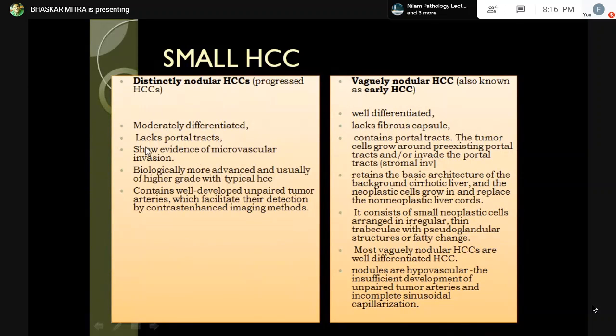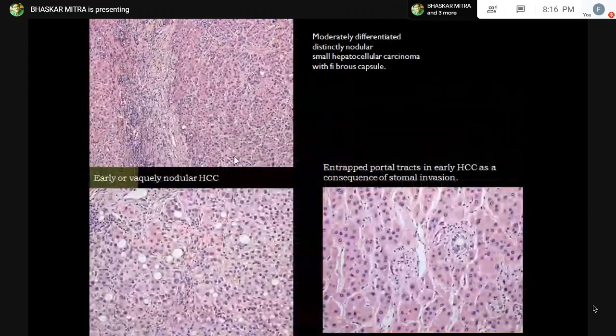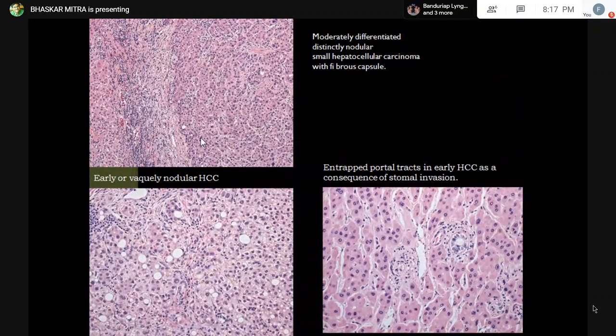These are moderately differentiated nodules of hepatocytes which lack the portal tracts and show evidence of microvascular invasion like this. They show distinct nodularity surrounded by bands of fibrous tissue around this, and there is an inflammatory infiltrate.